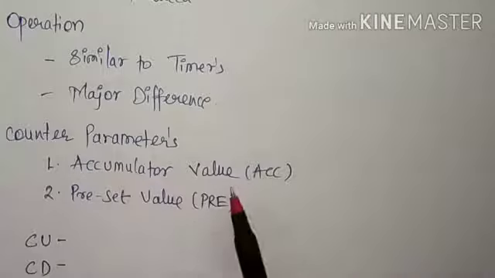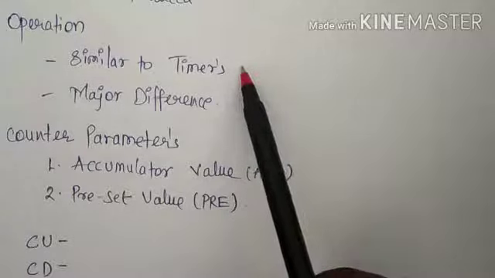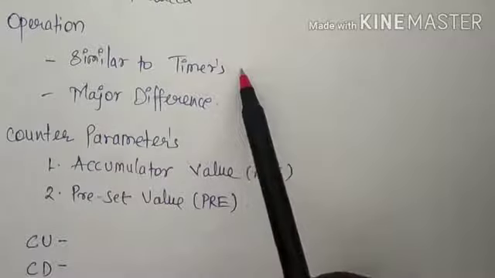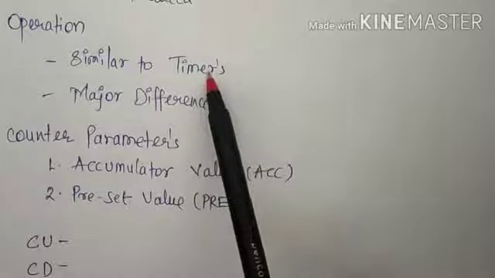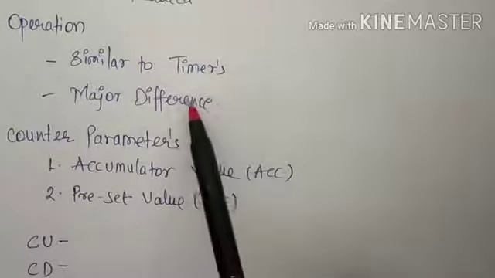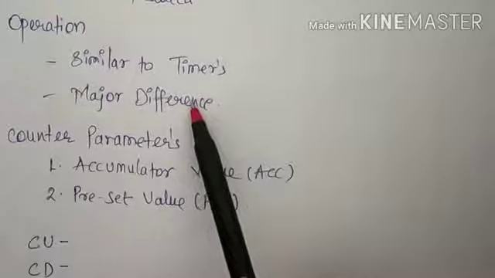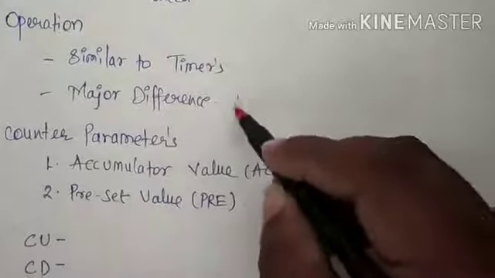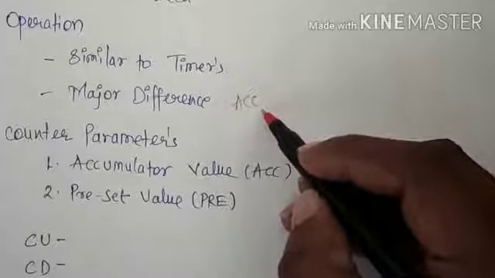Now we will look at the operation part. It has an operation similar to that of timers, and also similar parameters. But the major difference between the counter and the timer is that the timer instruction continuously increments its accumulated value at the rate determined by the timer base.